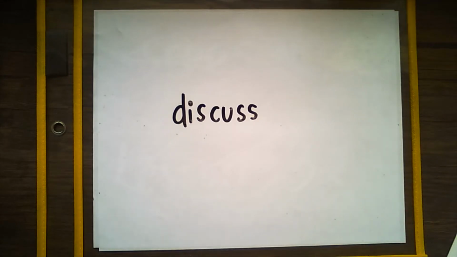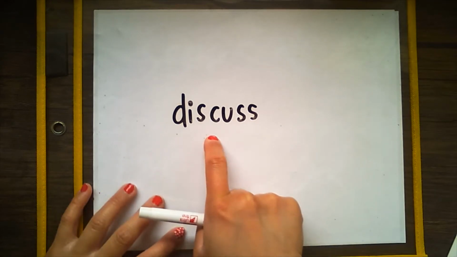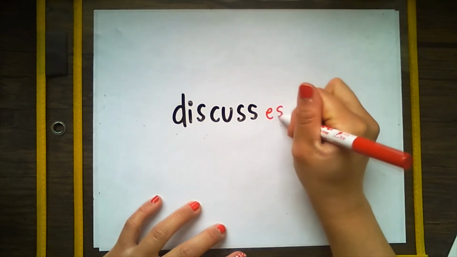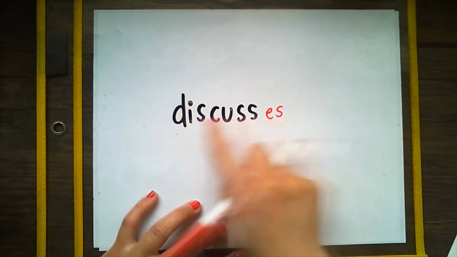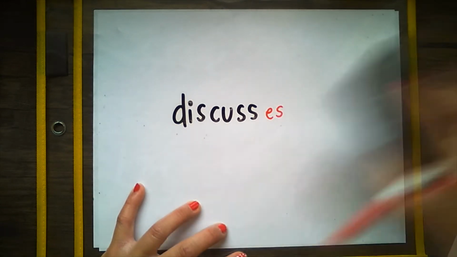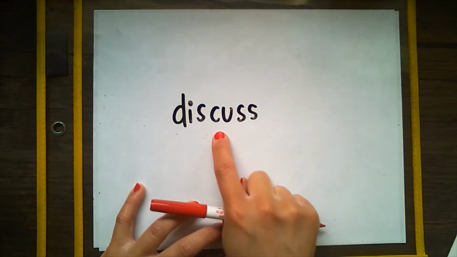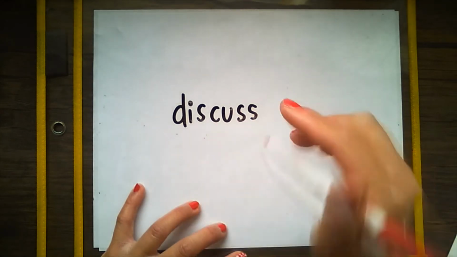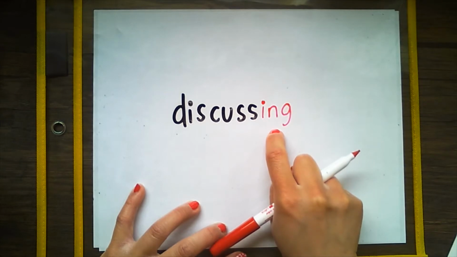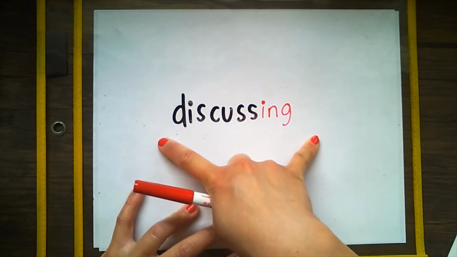For this morphemic transformation, our base word is going to be discuss. Discuss. Okay, ready? Read, discuss. Read, S. Read the whole word, discusses. Read, discuss. Read, ing. Read the whole word, discussing.